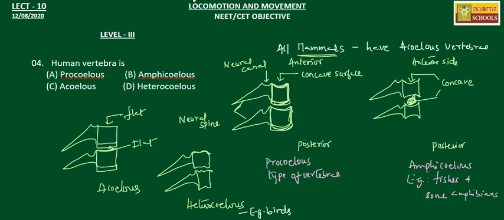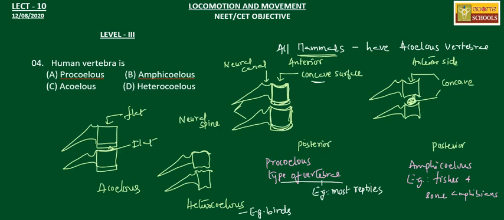And coming to this procoelous, you may see example in case of most reptiles. Most reptiles may show the presence of this type of vertebrae. So we understood procoelous and amphicoelous. It all depends on the concavity, whether it is present on one side or on both sides.